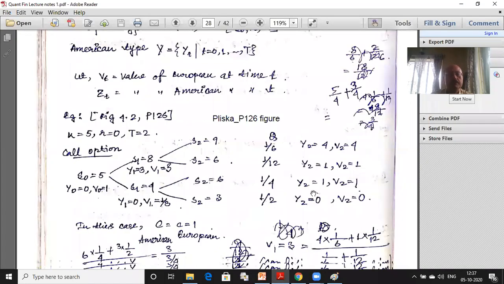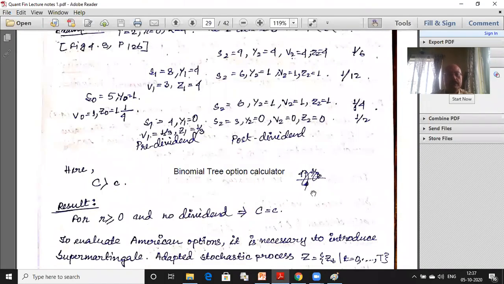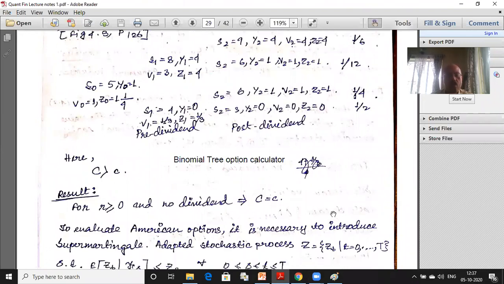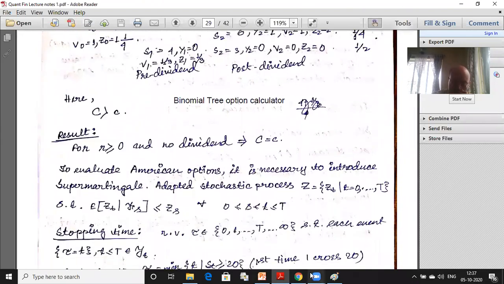Okay, so great. So let me come here where I can say that, so this is the result. You can check this result is true for all possibilities, that if there is no dividend and a fixed rate of interest, then American and European call will have the same price. So this no dividend is crucial.